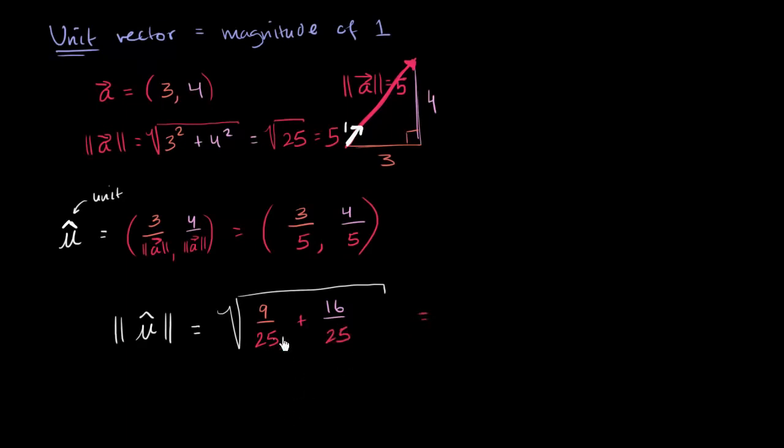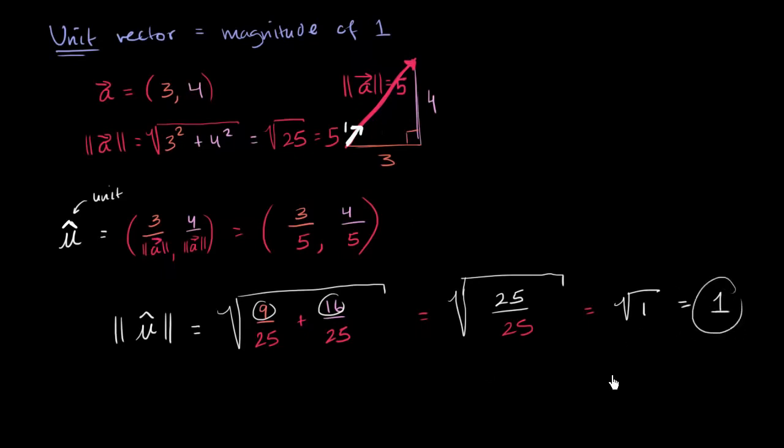And what's that going to be? Well, 9 plus 16 is 25, so it's going to be the square root of 25 over 25, which is just the square root, or I guess we're taking the principal root, the positive square root of 1, which is just equal to 1, which is exactly what we wanted. It goes in the same direction, but magnitude is 1, and that's why it's a unit vector.